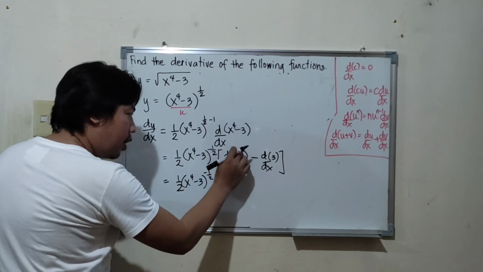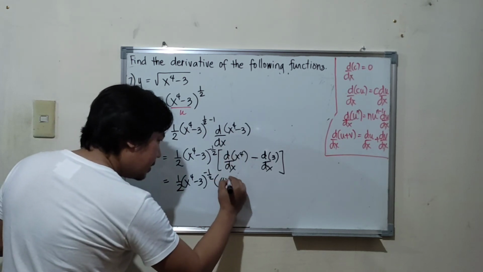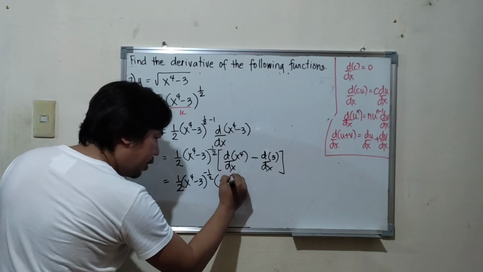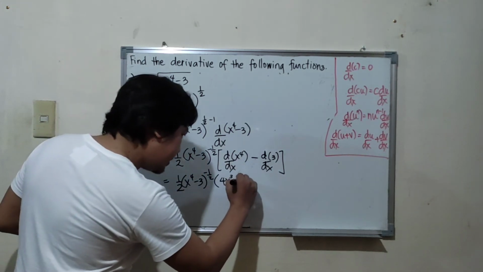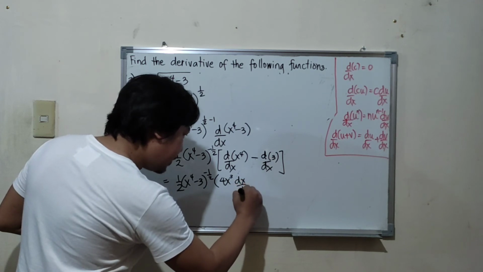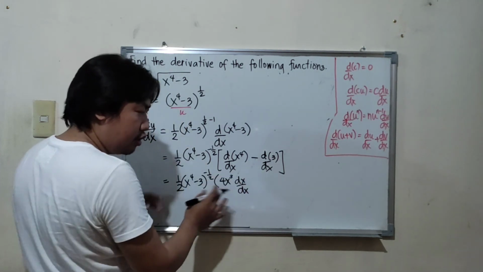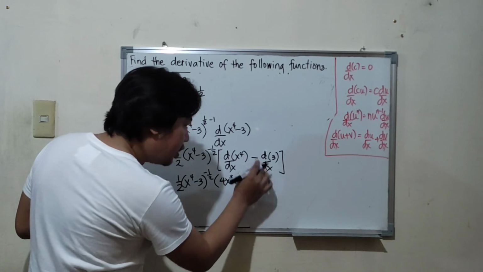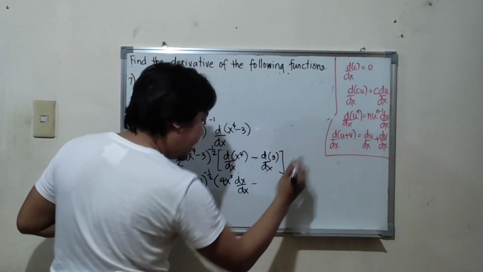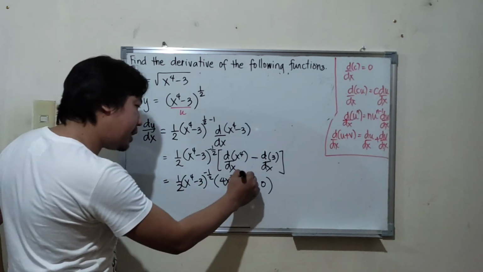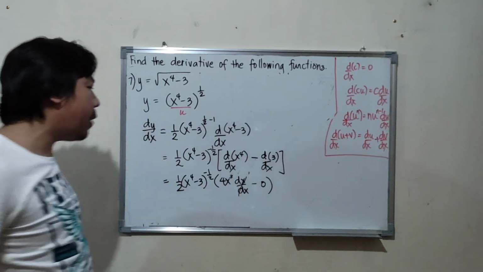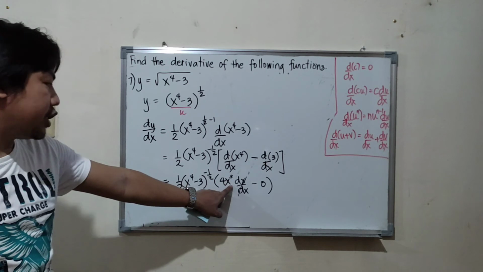So, 4 times x, then subtract 4. So, we have 4x cubed times derivative of x with respect to x. So, this is 1. So, pwede nang hindi isulat. Minus derivative of 3 is 0. Okay? So, just simplify. So, derivative of x with respect to x, that is simply 1. So, matitira na lang is 4x cubed.